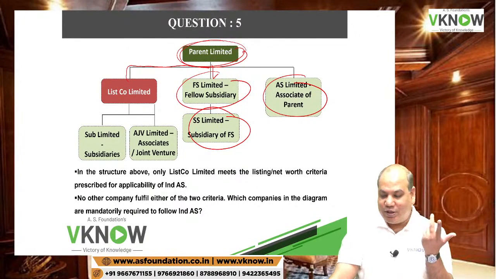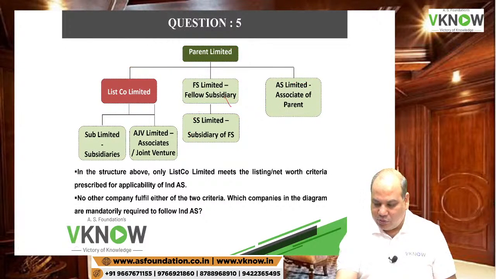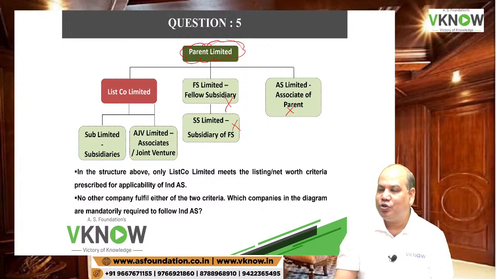Our standard setter never thought about all these complications. But the answer is, this will not apply. Parent has forcefully come under Ind AS, because its subsidiary has come. Is it right? Parent is neither listed nor having net worth of more than 250 crore. So the answer would be no.